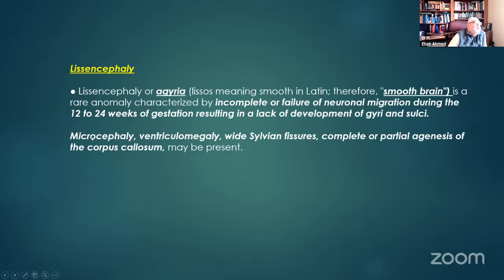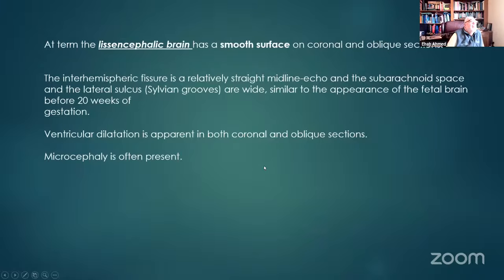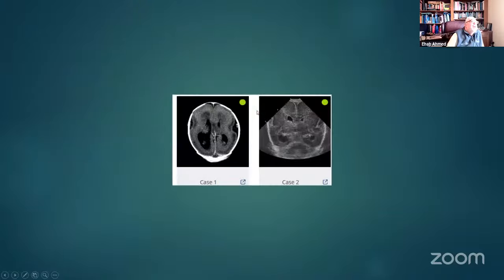This could be associated with microcephaly, ventriculomegaly, wide sylvian fissures, complete or partial agenesis of corpus callosum. These abnormalities could be isolated or in combination. You could find more than one abnormality of the brain. There are two types, as usually they like differentiation and classification. Two types of lissencephaly, never mind about that. Of course, this baby has a problem with the brain. You don't see a lot of gyri.